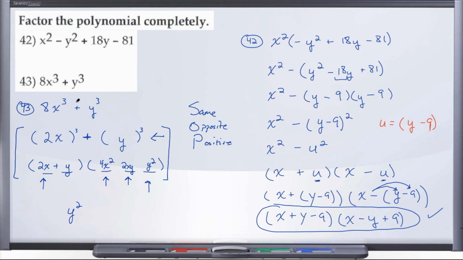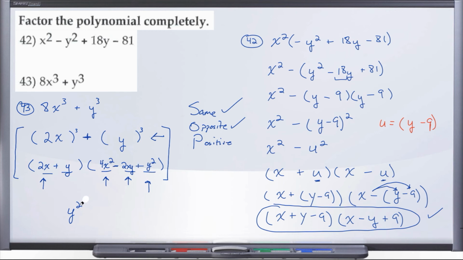Same refers to whatever was in the original polynomial, follows you down. So same is taken care of. Then we get to the next sign position, which is going to be the opposite of whatever was in your binomial here. So what's the opposite of a plus? A minus. So there's the opposite. And then the last sign in our trinomial is always positive, so plus.